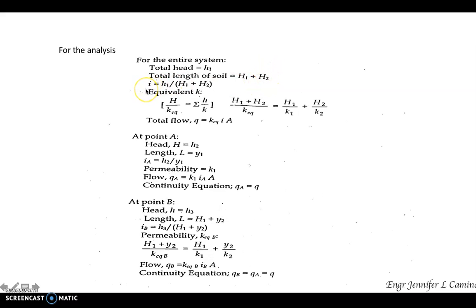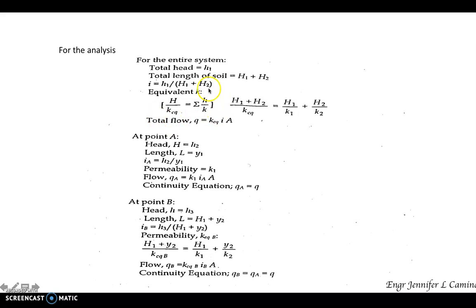Our hydraulic gradient i is equal to the head difference H1 over the length of the soil, which is H1 plus H2. Since this is only one direction of the flow of water, along the z direction, that is what we call a normal flow.